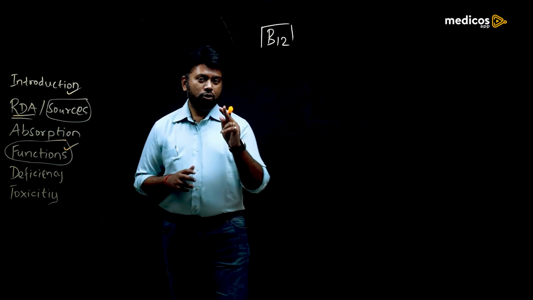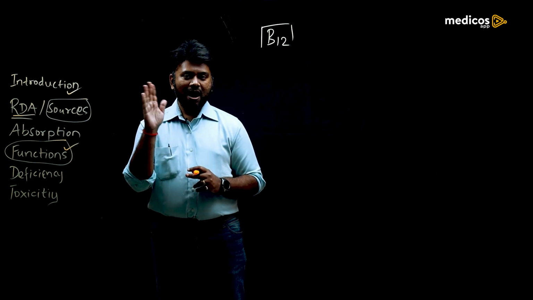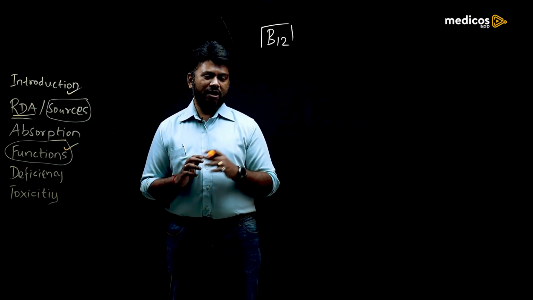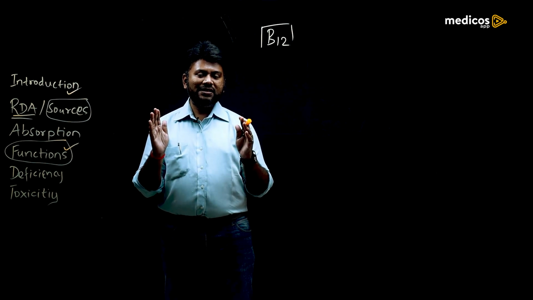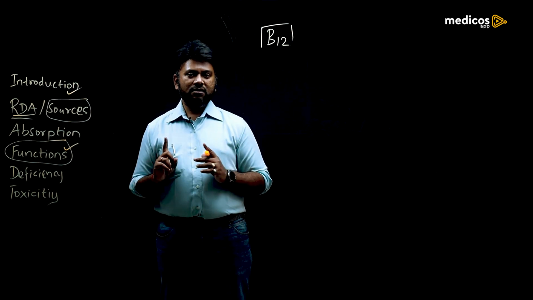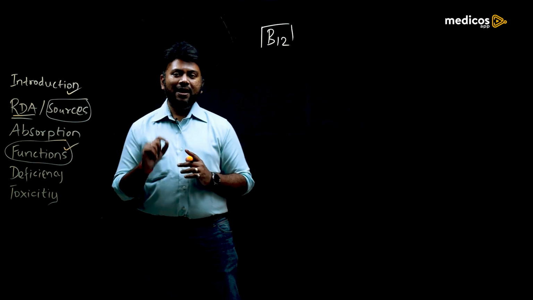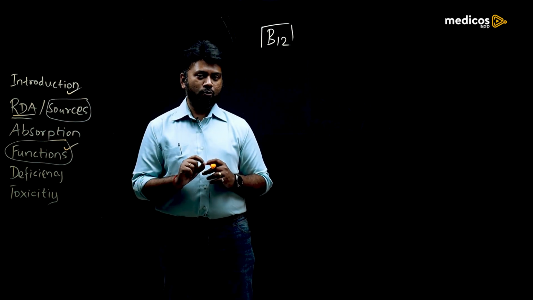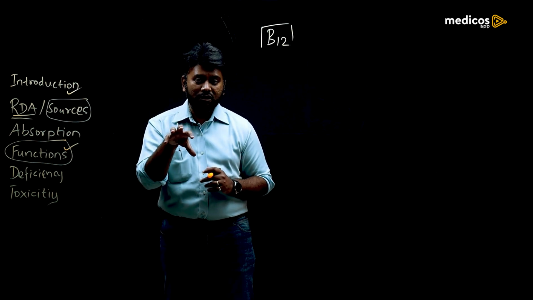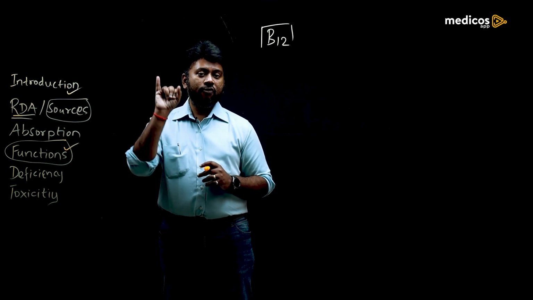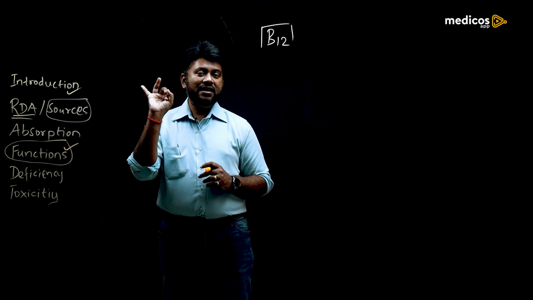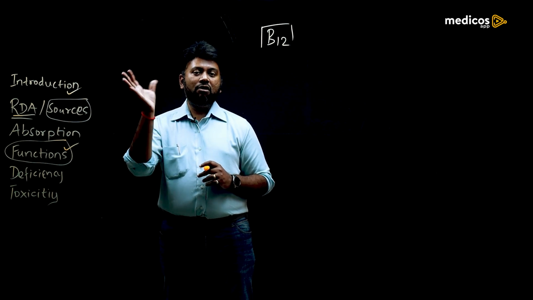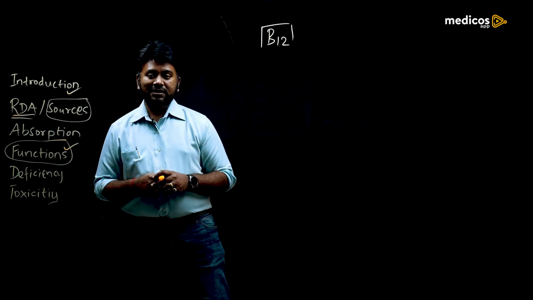To sum up, the two active forms of vitamin B12 are adenosyl B12 and methyl B12. Each of these acts as a coenzyme for one particular enzyme. Adenosyl B12 acts as a coenzyme for methylmalonyl CoA isomerase. By acting as a coenzyme for this, it helps in the catabolism of odd chain fatty acids, valine, isoleucine and methionine, all of which are gluconeogenesis substrates.